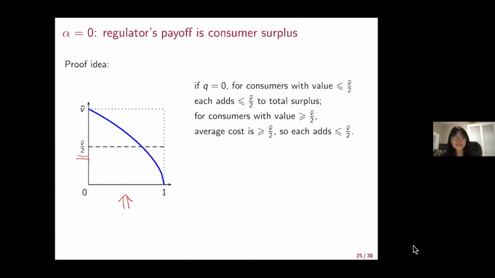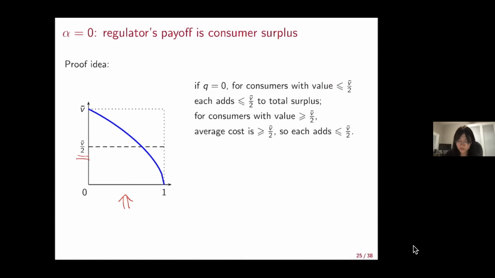Now, suppose the firm tells the regulator that the regulation is too strict and the firm prefers not to produce. I want to convince you that the total surplus in this market is at most half V bar. So in this case, the regulator would not lose more than half V bar in terms of regret.